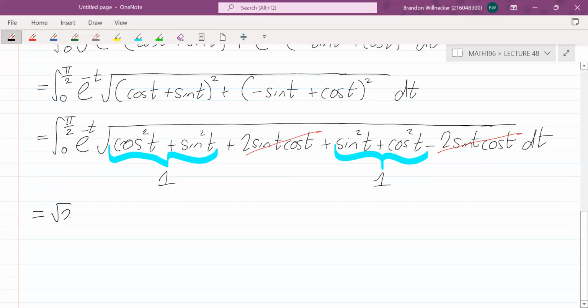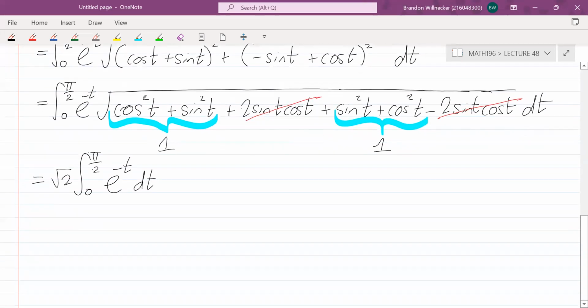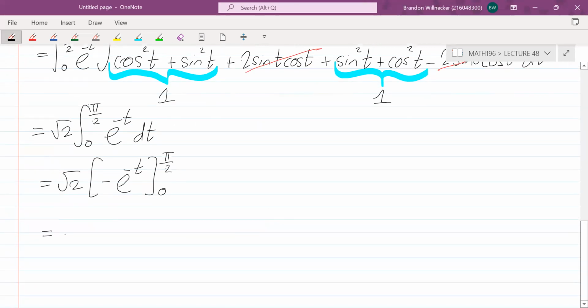So this becomes root 2 times the integral from 0 to pi over 2 of e to the minus t dt. Okay, so it's going to be root 2 times minus e to the minus t from 0 to pi over 2. And that's going to be root 2 times minus e to the minus pi over 2.